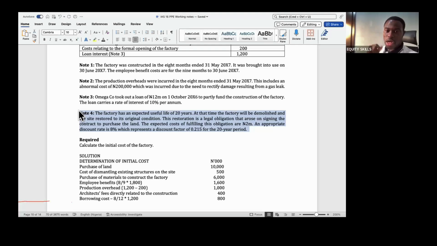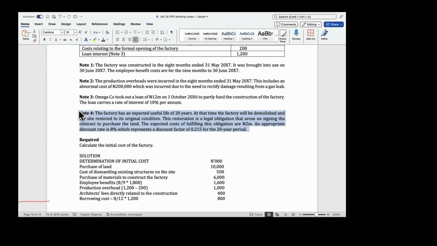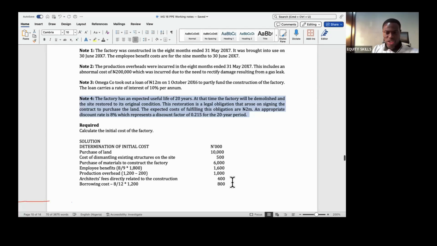That's absolutely correct. So we usually capitalize the initial estimate of removal and dismantling costs. As I have mentioned, this dismantling cost needs to be capitalized. We cannot capitalize the 2 million because it's a future value. So we need to discount it to present value.